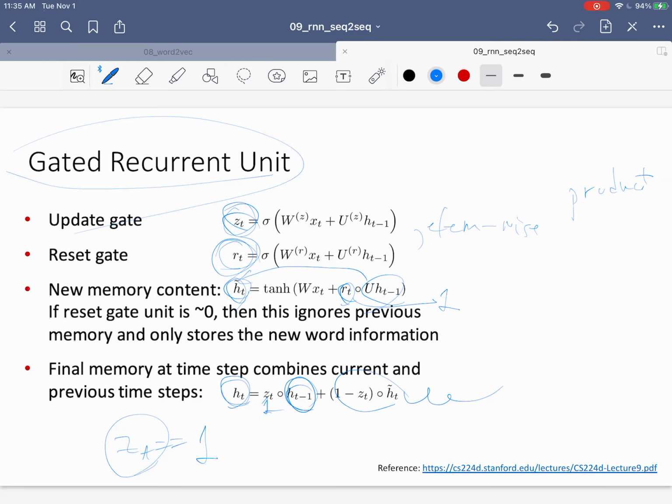So you can control which information is propagated to the future, and which information is dropped in the process. That is why a vanilla RNN can only handle maybe 50 to 100 time steps, but GRU or LSTM can handle maybe up to 200 or 300 time steps. So way better than before, and that's why you can handle translations and all those complex tasks way better than vanilla RNN.